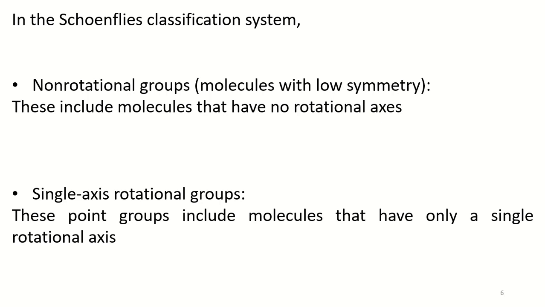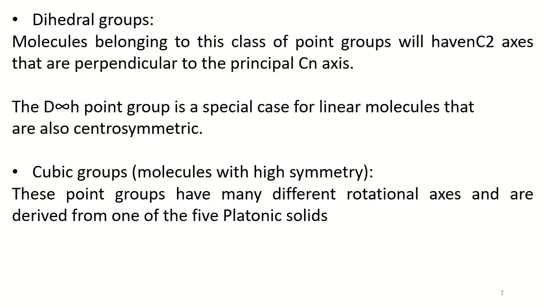So let us talk about the third type of this system, which is the dihedral groups. Molecules belonging to this class of point groups will have nC2 axes that are perpendicular to the principal Cn axis.